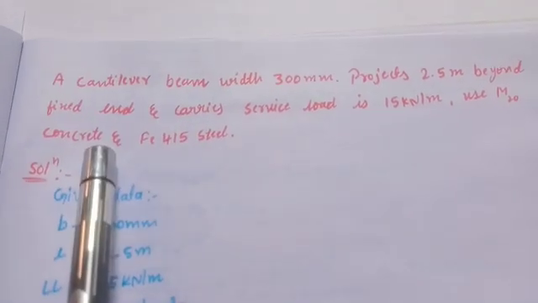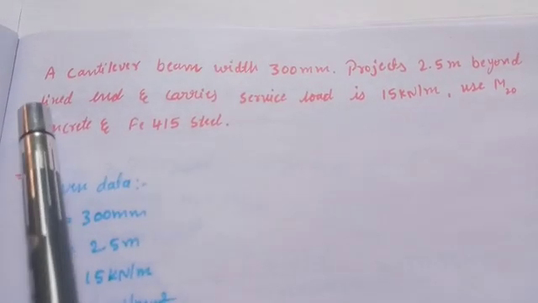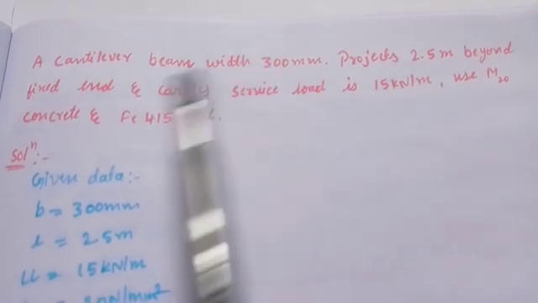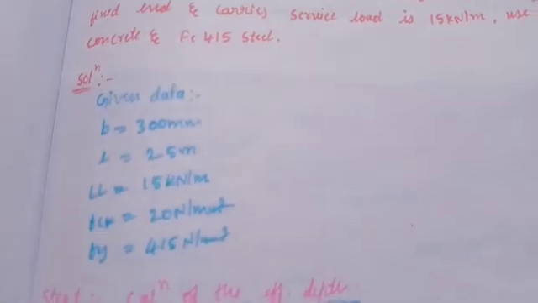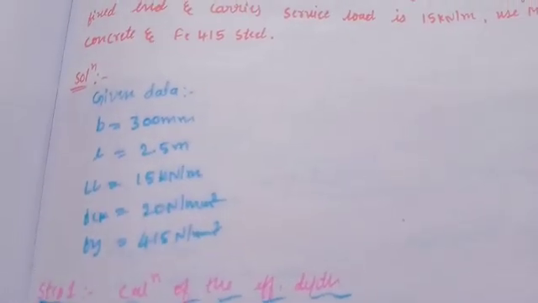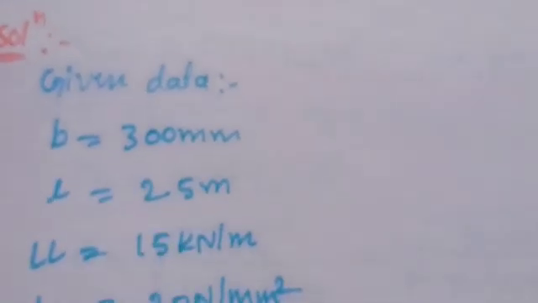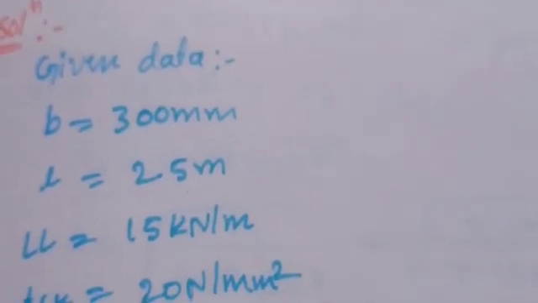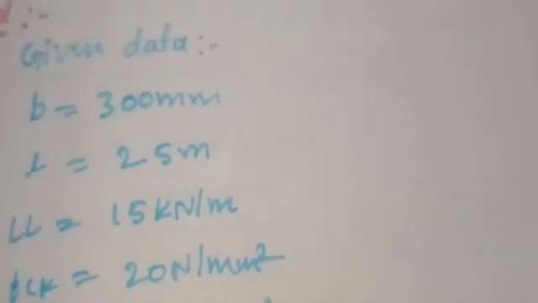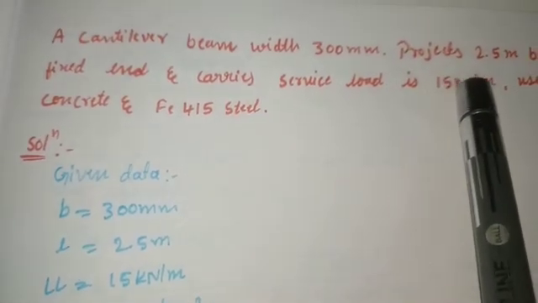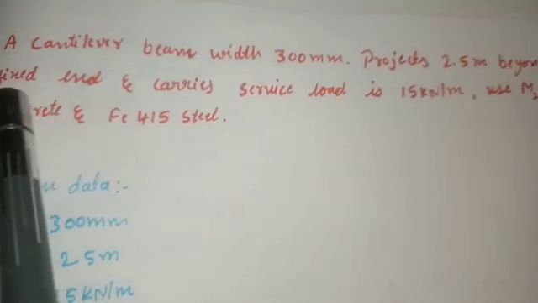So the first step in our RCC is to write down the given data. They have given the width B is 300 mm, and the beam projects 2.5 meter beyond the fixed end.